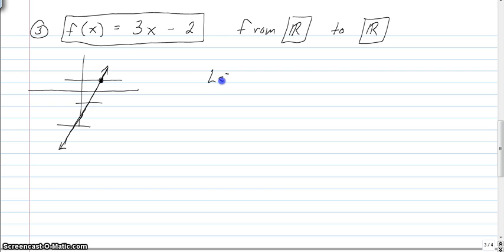We would let a and b be any real numbers. The only reason I'm saying that is because I want to let a and b be any two arbitrary numbers from the domain.